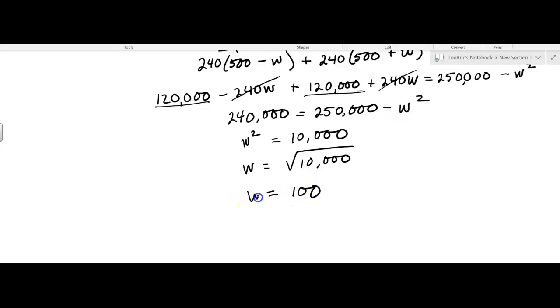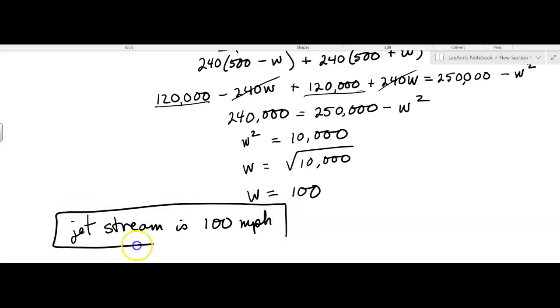Now, I put that square root on there, but I didn't put the plus or minus. And why is that? Because the wind is not going to have a negative speed. It's got to be a positive number here. So the wind, or the jet stream, is 100 miles per hour. So some big numbers there, but doable.